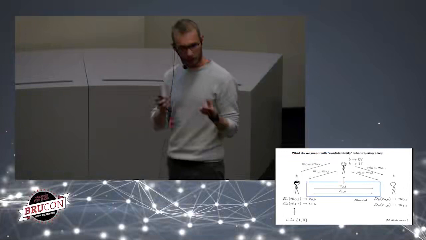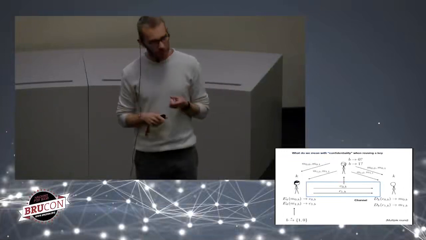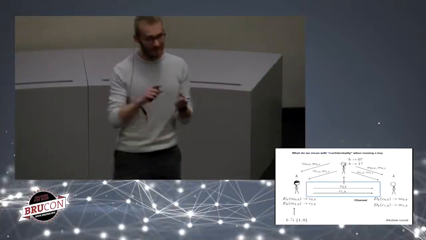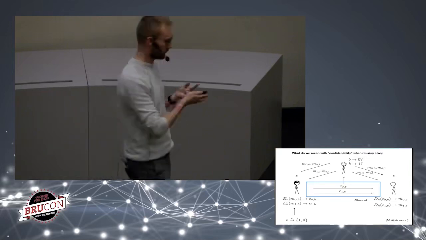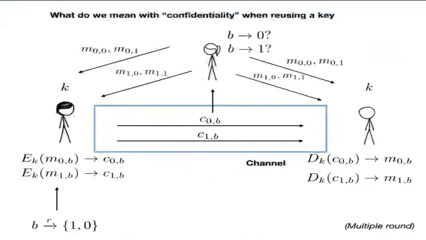Now, the difference with the previous model is Eve is now allowed to send a second pair of messages, which you can see here. She is allowed to send M01 and M11. Right? And now Alice will indeed encrypt message M1B, where the B's are the same.